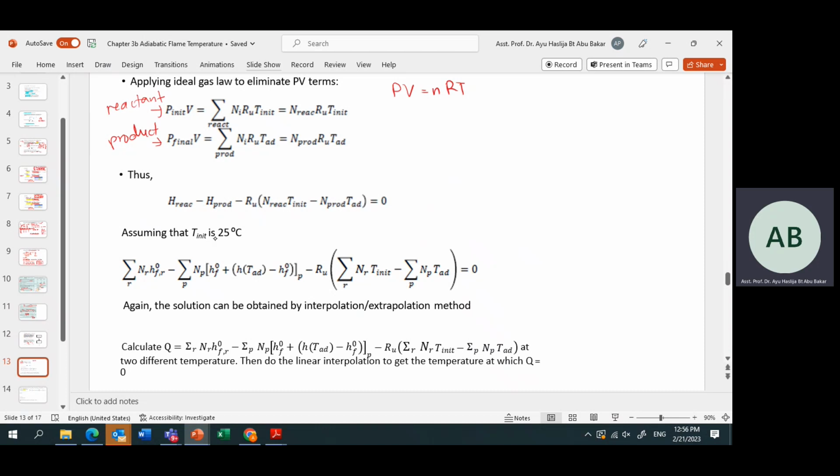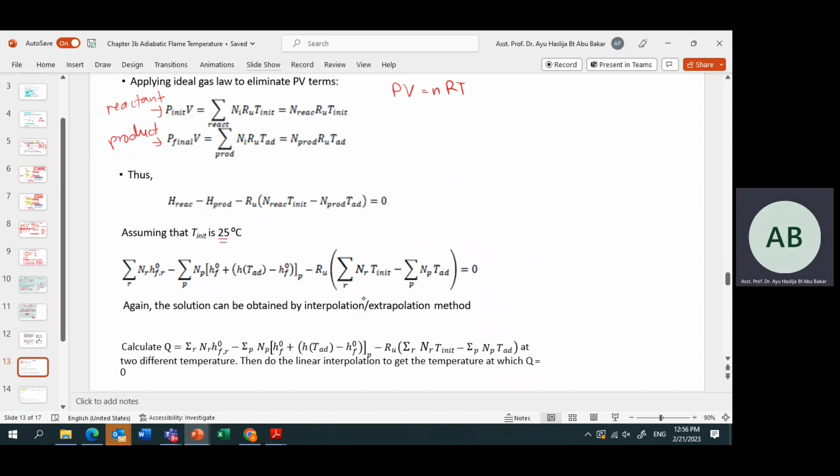Okay, so assuming T initial is 25 degrees C. This one is at 25 degrees C. So let's say the question mentioned the T initial is at 7 degrees C. So you will need to find out the sensible heat of everything at 7 degrees C. Okay, so this equation is assuming T initial 25 degrees C. So reactant minus product minus the RU, the gas constant, multiplied by this part.